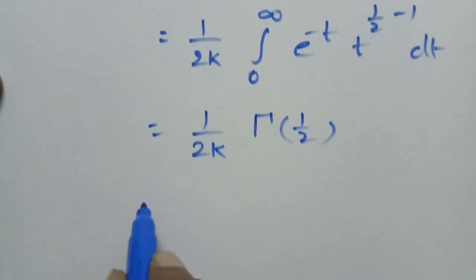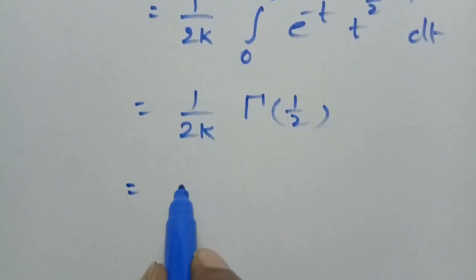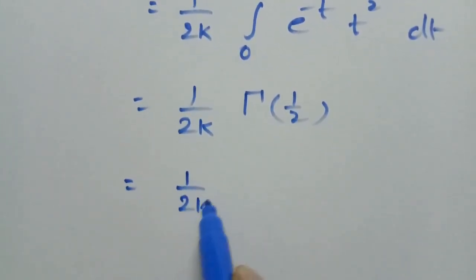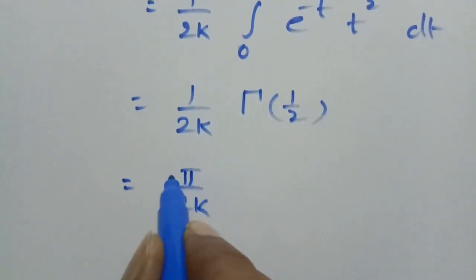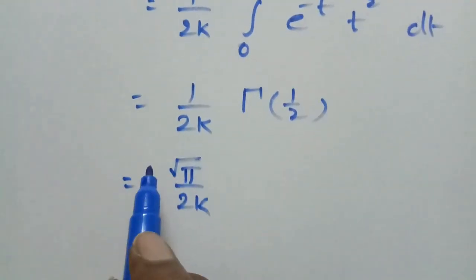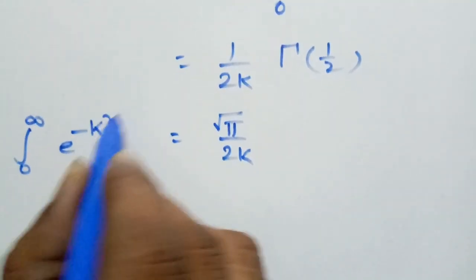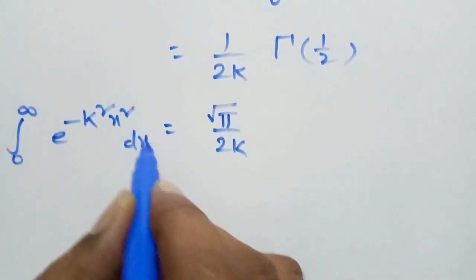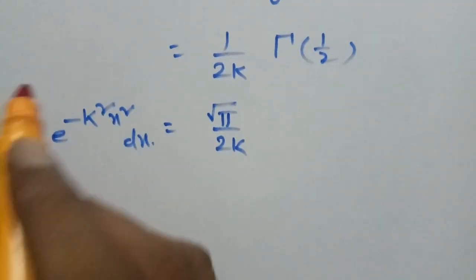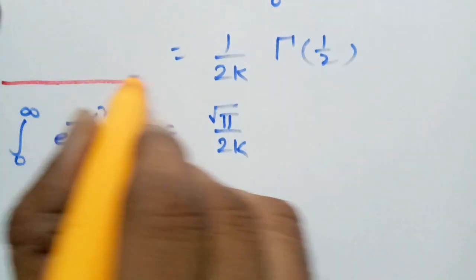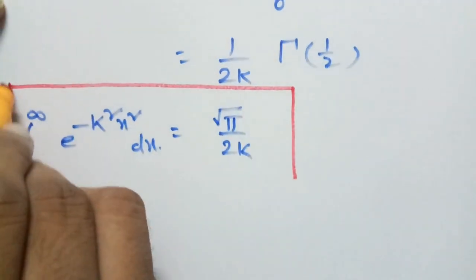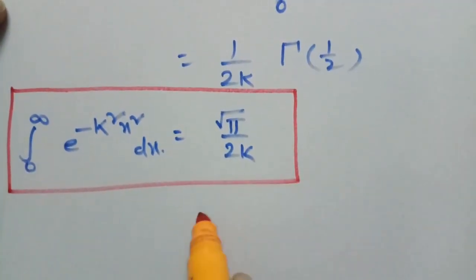Therefore, this is equal to 1 by 2k into gamma half, which is equal to square root of pi. Therefore, this is integral 0 to infinity e to the power of minus k square x square dx. This is our required answer.